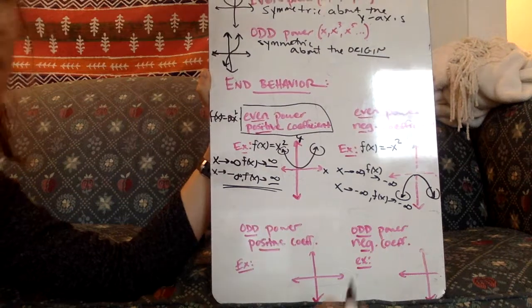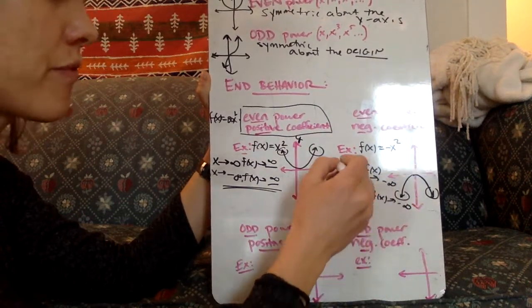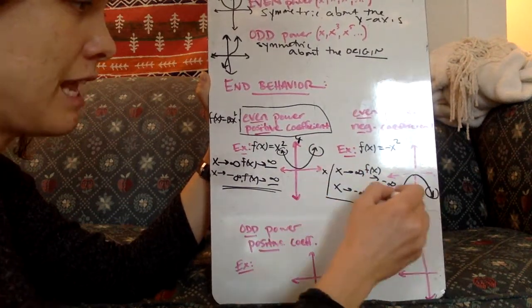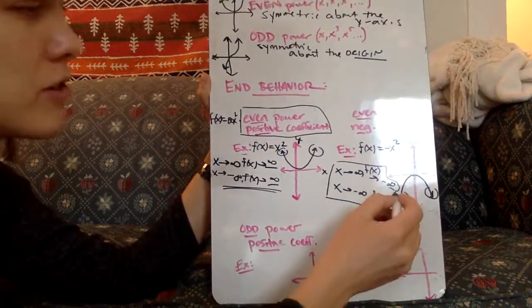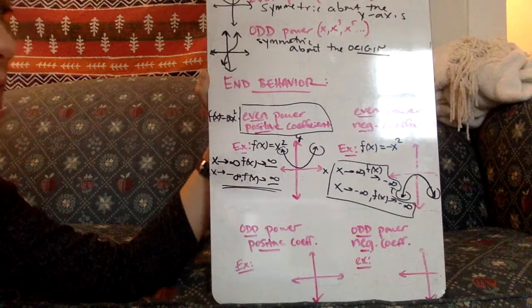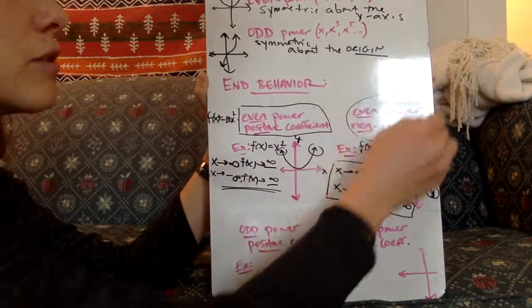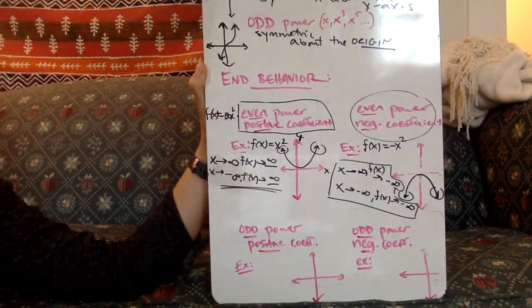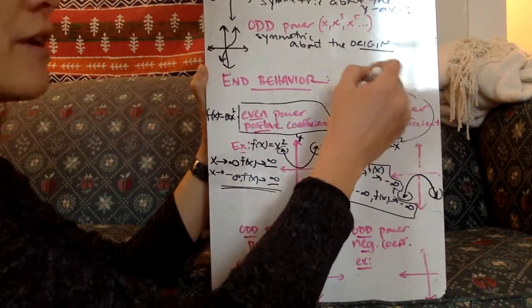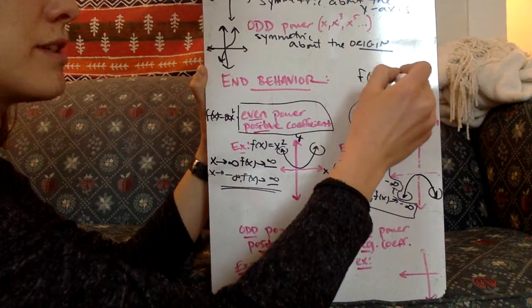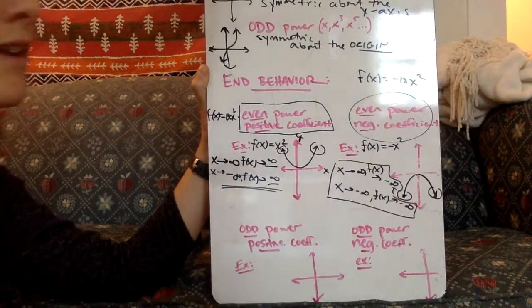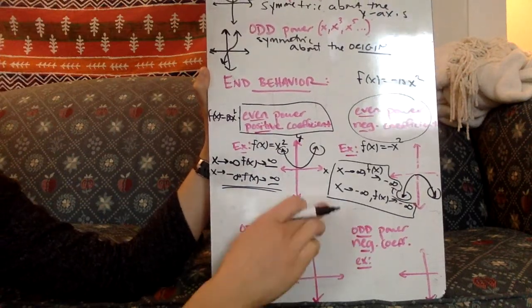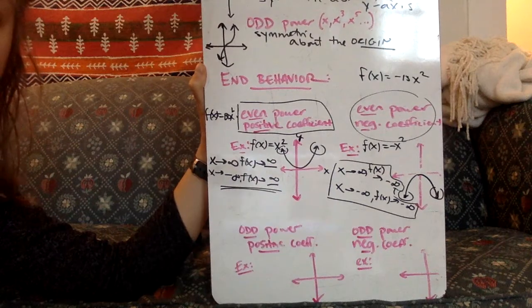And so this is always going to be the rule. So as x approaches infinity, f of x approaches negative infinity, and as x approaches negative infinity, f of x approaches negative infinity. This will always be the rule for this type of function. So for example, if I have f of x equals negative 13x squared, it's still going to be this type of end behavior for that graph.